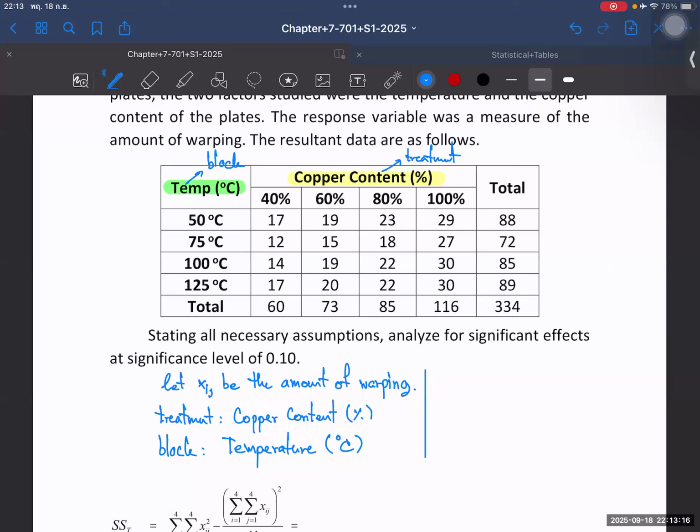I think the sum of the row and the sum of the column is okay right now, but maybe something is wrong. We will recheck together, right?